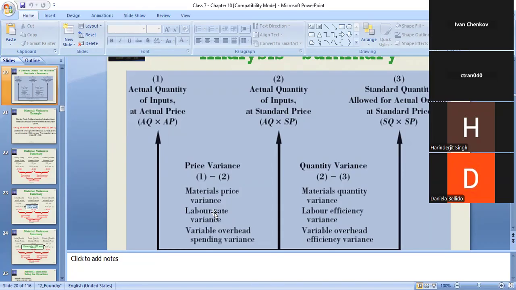We're going to have the labor rate variance. For the variable overhead, we're going to have variable overhead spending variance. On the quantity side, we're going to have material quantity variance. On the labor, we're going to show how efficient we are of using our labor. And the variable overhead, again, we're going to show how efficient we are on using our overhead.